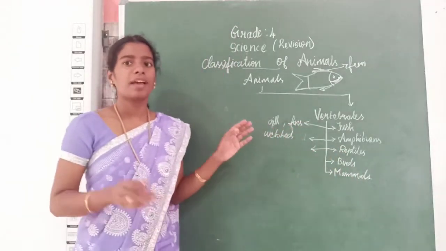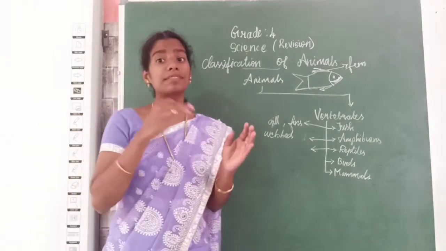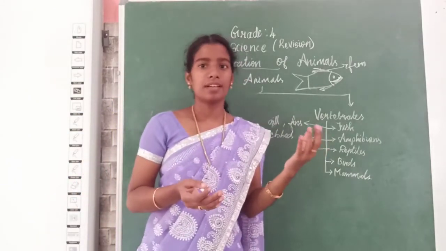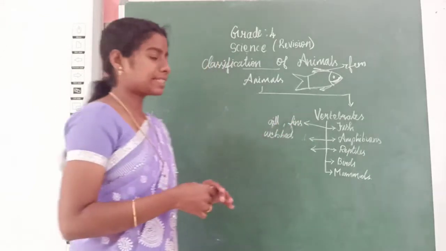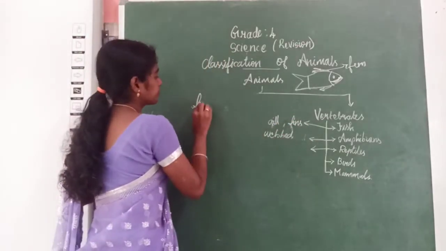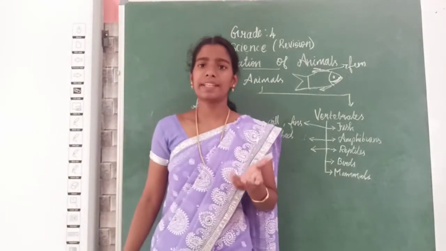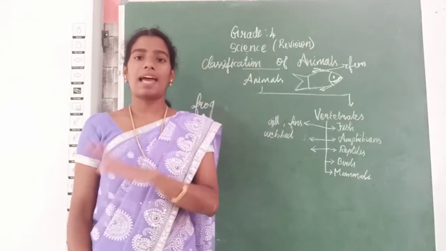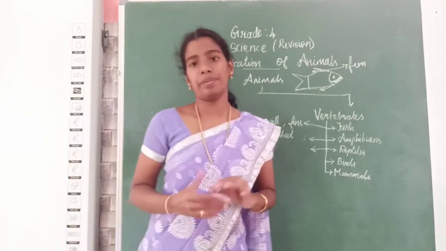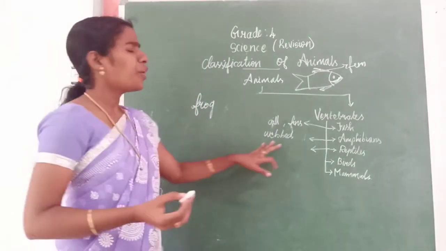An amphibian is a vertebrate. It has a backbone, but it lives both in water and on land. For example, the frog. Frog is an amphibian. It can live in water as well as on land. Some features of amphibians: it has webbed feet.